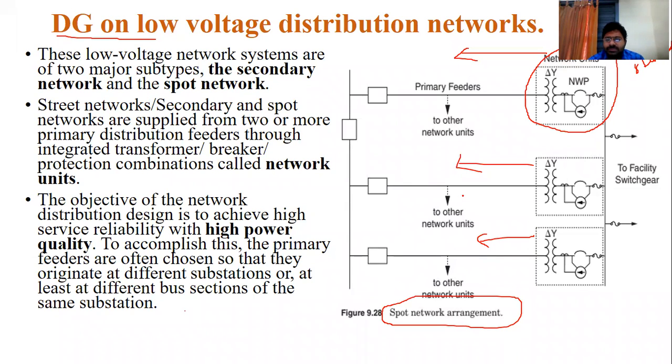Suppose substation 1, substation 2 and substation 3, with feeder 1, feeder 2, feeder 3, you can form this radial distribution network. If any one of the feeders gets a fault, feeder 2 and feeder 3 continue to give power to the customers. That's why we are not facing any power failure issues. That is the advantage of this type.